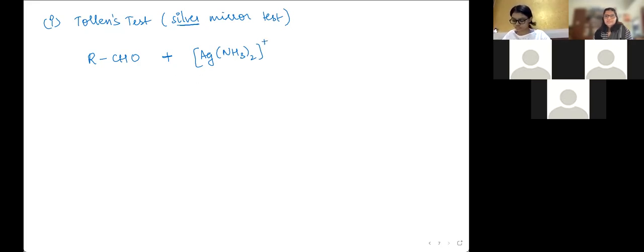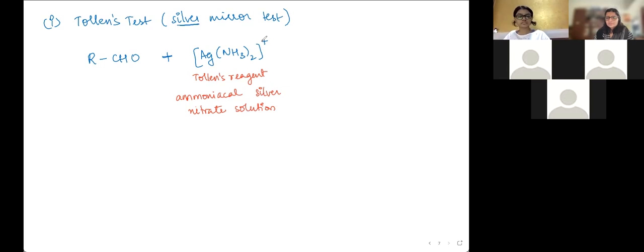So this is Tollens' reagent. The chemical name of this is basically ammoniacal silver nitrate solution. Okay, so you take some silver nitrate, mix ammonia in it, and you end up getting this complex.